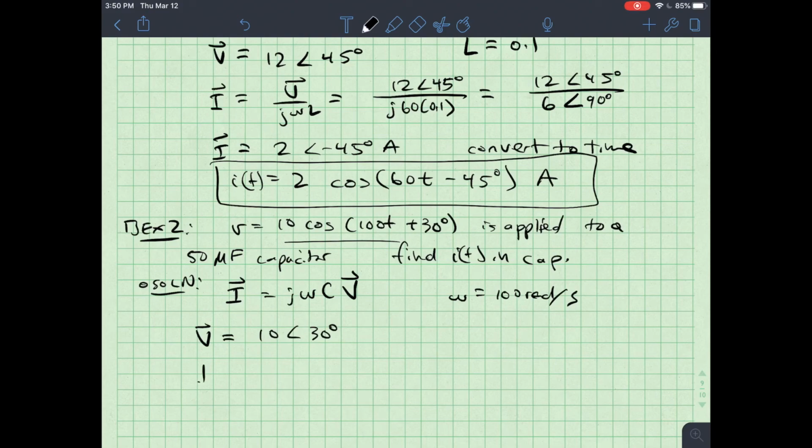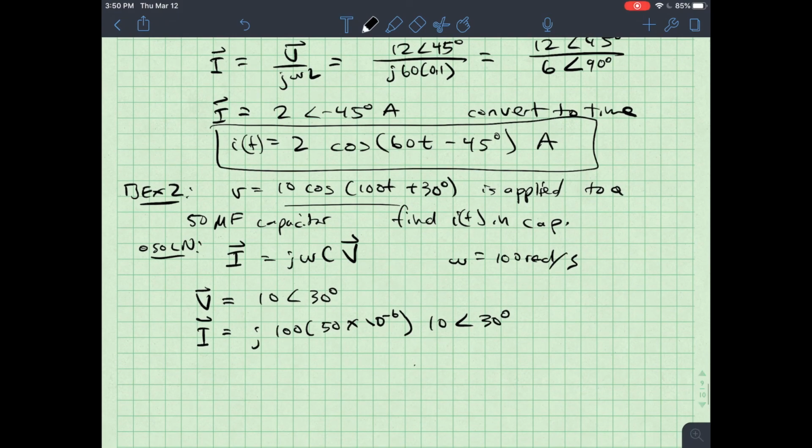And so I is just equal to j times 100 times 50 times 10 to the minus 6, times 10 angle 30 degrees. Gosh, I'm boring. I know that j is an angle of 90 degrees, so altogether I'm going to get an angle of 120 degrees. And when I multiply 100 times 50 times 10 to the minus 6 times 10, I'll end up with 50 times 10 to the minus 3, or 50 milliamps.